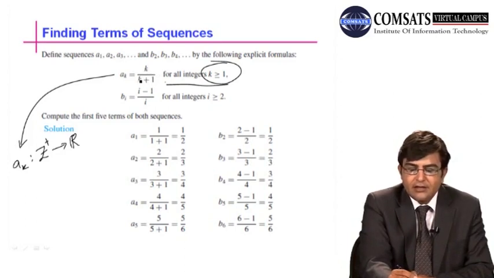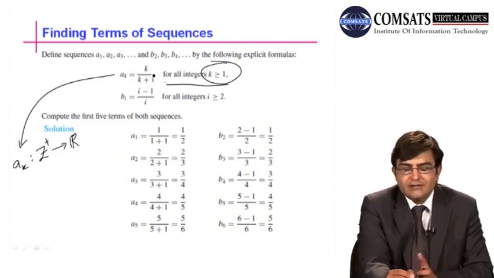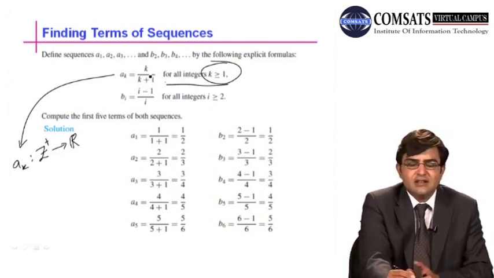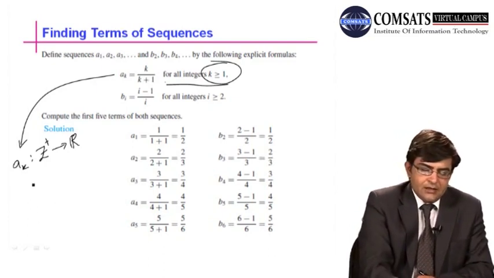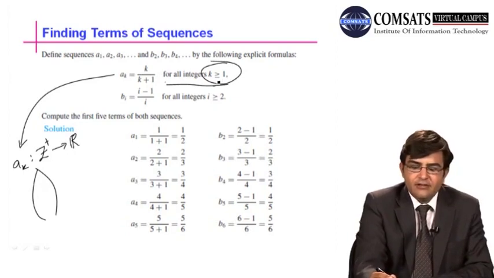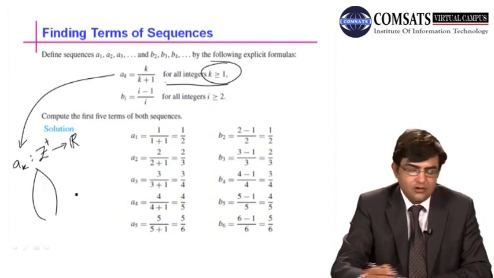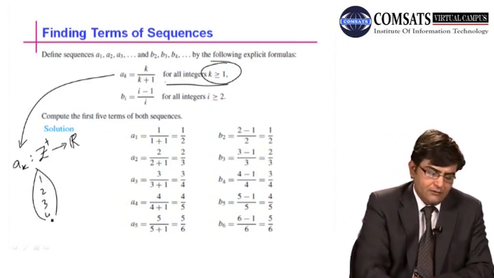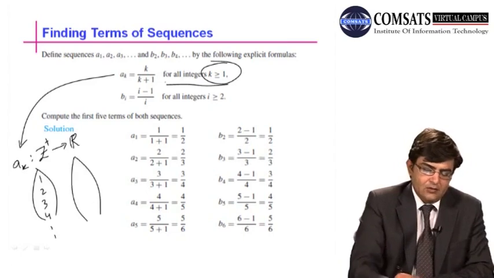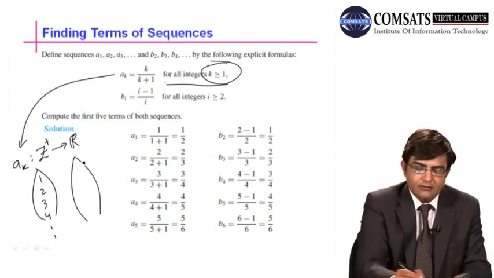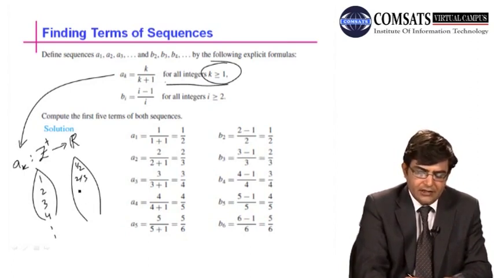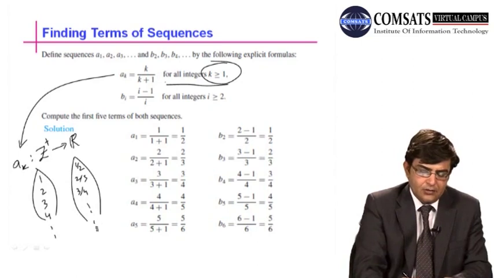If we put 1 here, we get 1 over 1 plus 1, which is 1 by 2. 1 by 2 is not an integer, it is a rational number, or in general a real number. So the domain starts from 1 and includes all integers greater than or equal to 1, meaning 1, 2, 3, 4 and so on. If we put 1 here, we get 1 by 2. If we put 2 here, we get 2 by 3. If we put 3 here, we get 3 by 4 and so on.